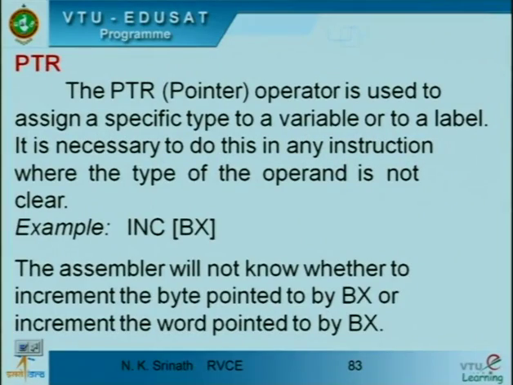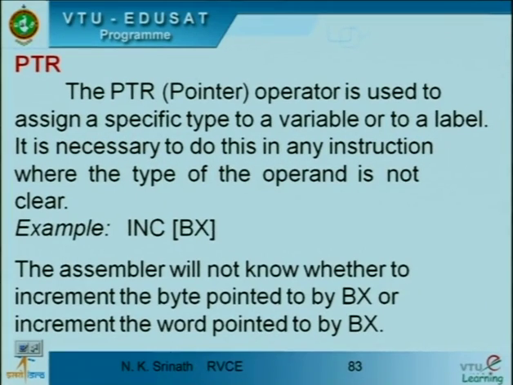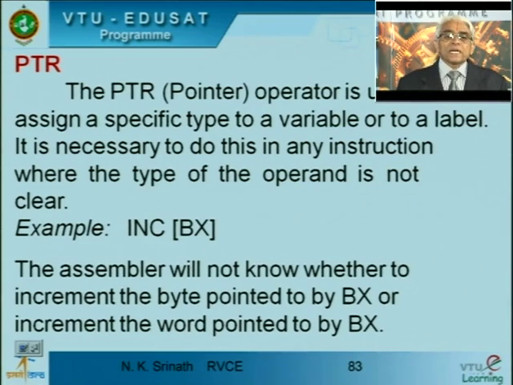For example, INC BX says to increment the content of the memory location whose address is given in data segment colon BX. So, the BX content is taken, added to the segment displaced, go to the memory location, and it has to increment. Now, it does not know whether it has to increment a byte, a word, or a double word.